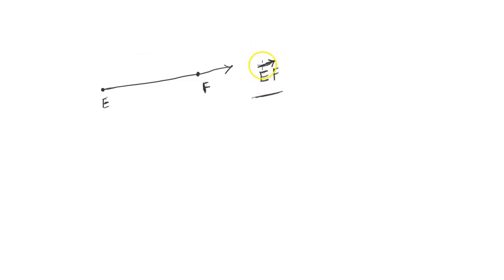So a ray consists of one endpoint on a line, you remember that this was a part of a line, and all points extending in one direction from that point. The first point is called the endpoint of the ray.